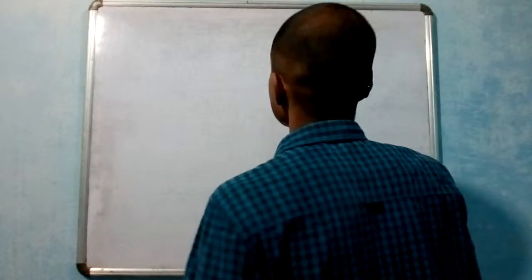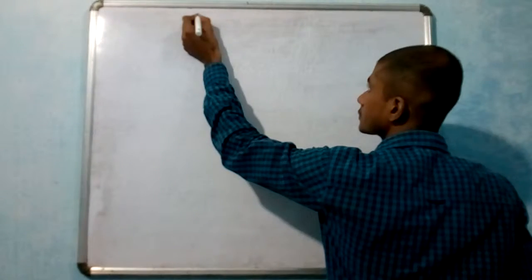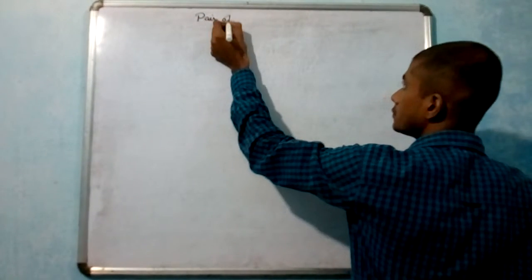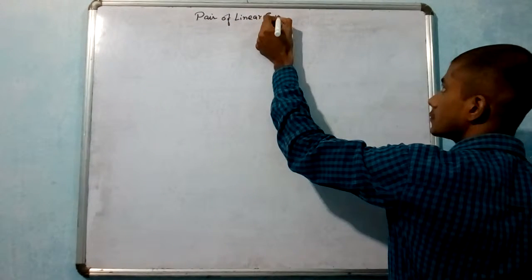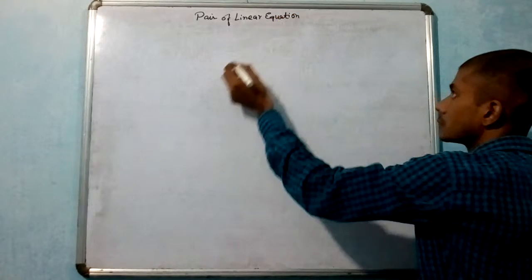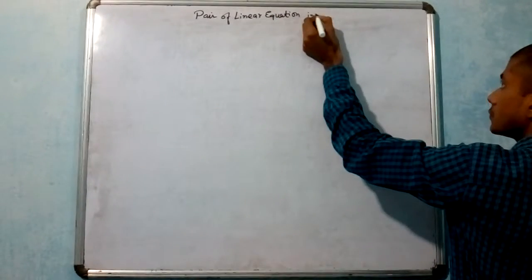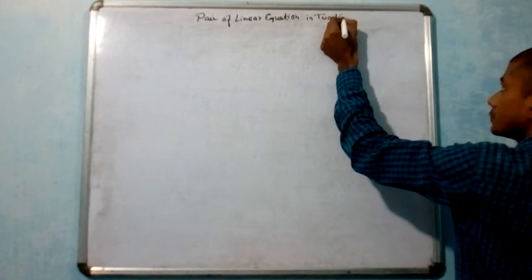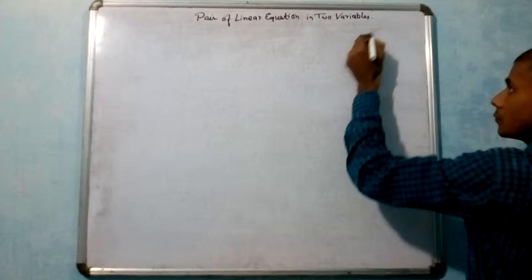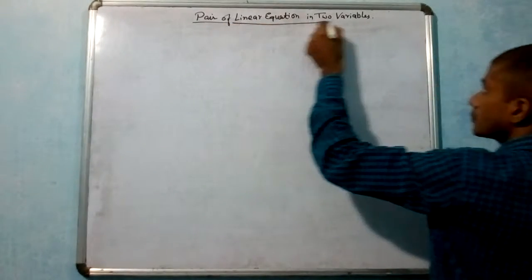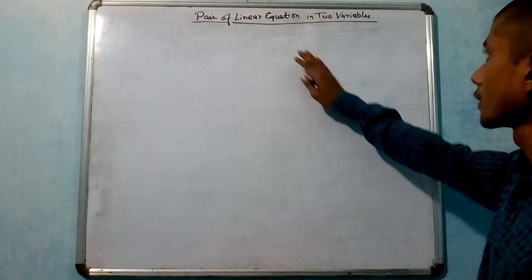Pair of linear equations in two variables is what we will see today. Can you see it written on the board?